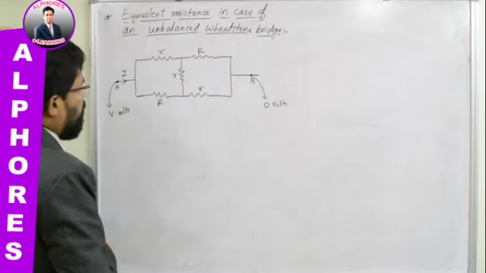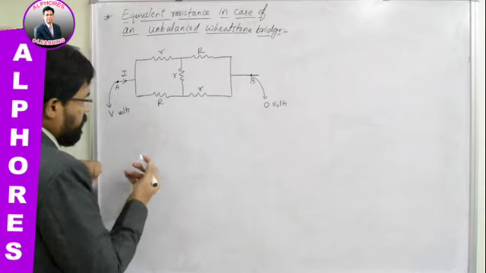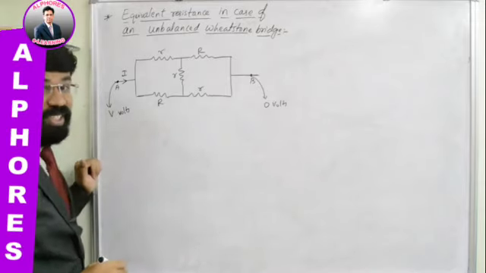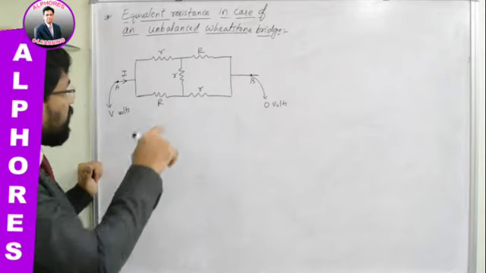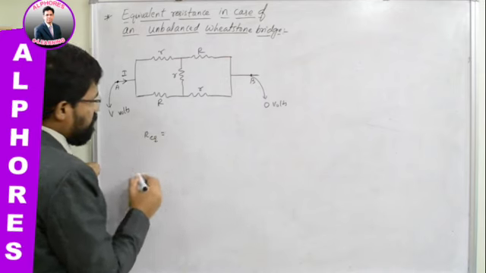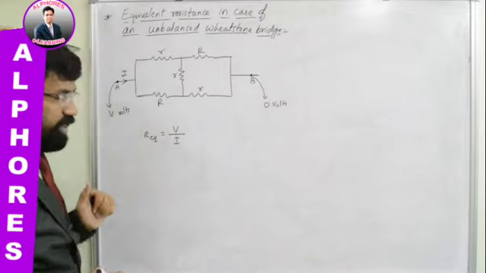Now, let us try to write the equation of equivalent resistance. How can it be written with this known data? Total potential difference between point A and point B is V, isn't it? And the total current flowing through the circuit is I. So R equivalent can be written as V by I, isn't it?